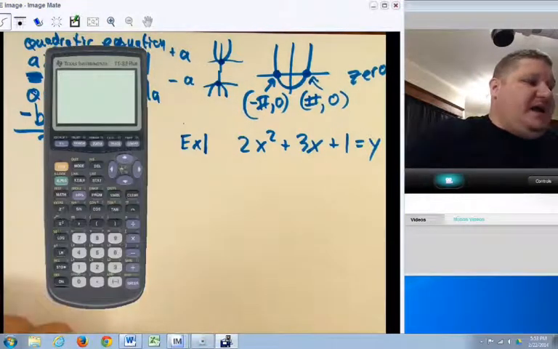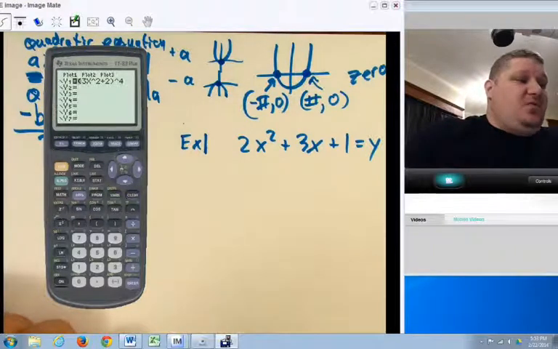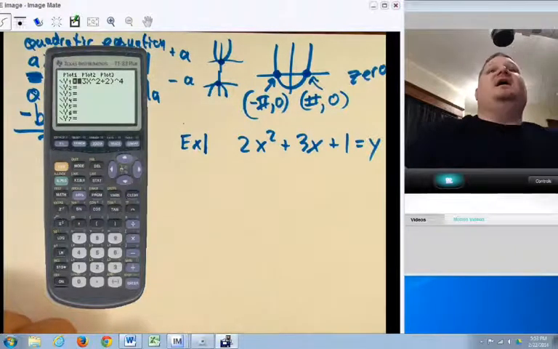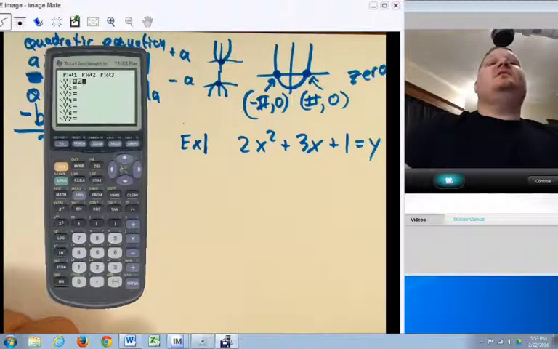Okay, back at you. In this case, we go to y equals and clear out whatever's in there. And we're going to plug in 2x squared plus 3x plus 1. And we're going to hit graph on that.